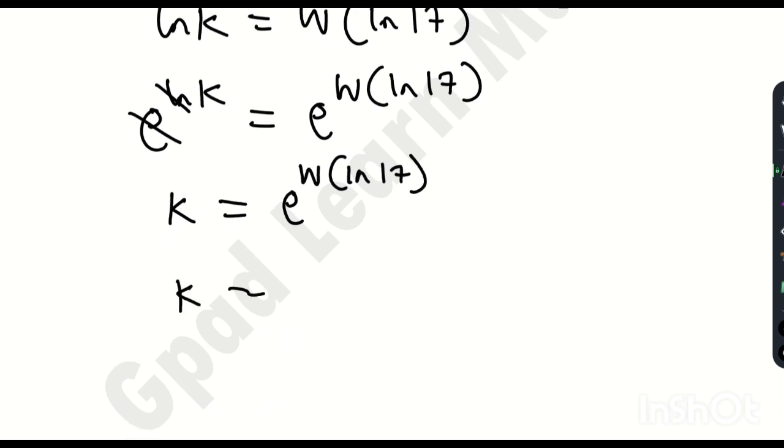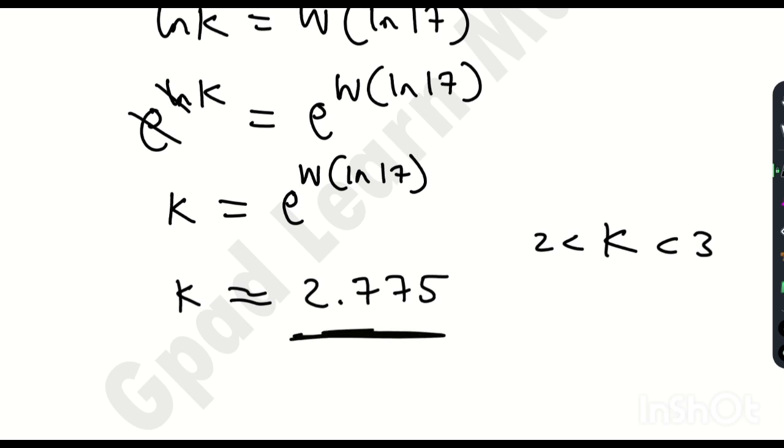Approximately k will be 2.775. Now, as you can see, this value lies between 2 and 3. As I said before, it's going to be 2 point something. So approximately again, the value of k is 2.775.